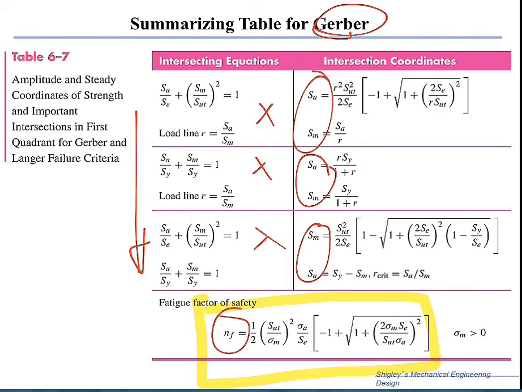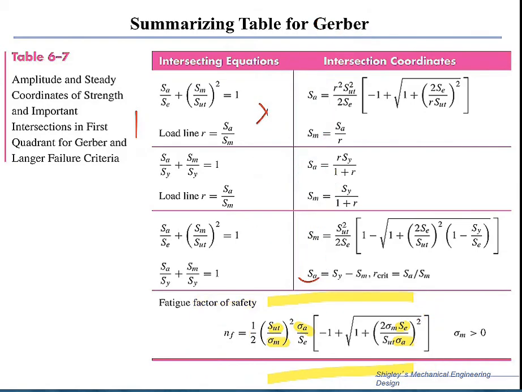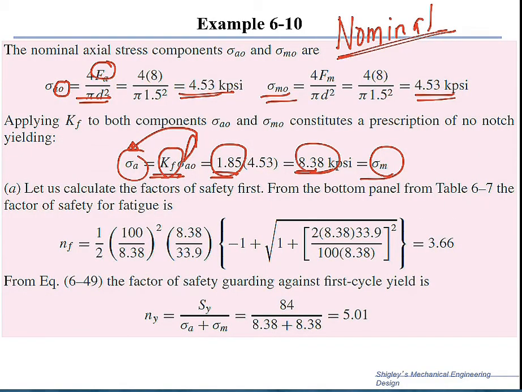We know now the ultimate, we know the mean, we know the endurance, and we know the alternating, and therefore we can substitute in this equation and determine the corresponding factor of safety, and that comes to be 3.66.